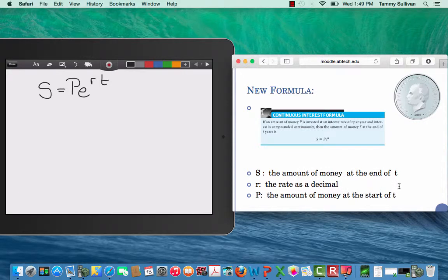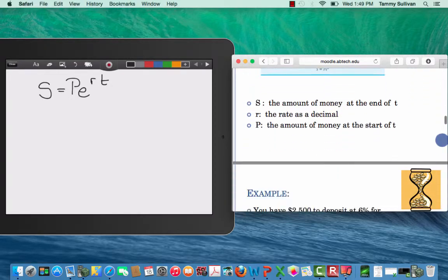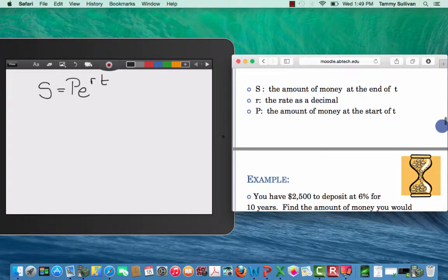Again, S is your future value, or how much money you have at the end of the time that it's in the bank. R is your rate as a decimal, and P is the amount of money it started in. And let me write down the other formula too, where we had S is equal to P(1 + R/K) to the KT.